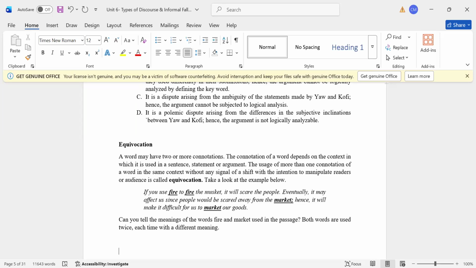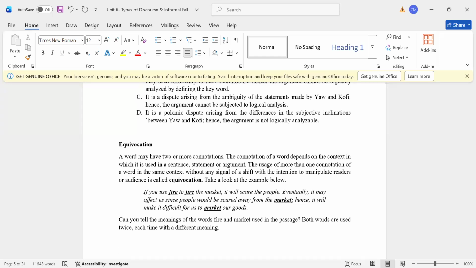More especially if the first usage of that word has a meaning different from the second usage of it. It means you keep shifting from one meaning of a word to another meaning of the same word in your text or sentence. It creates an equivocation.